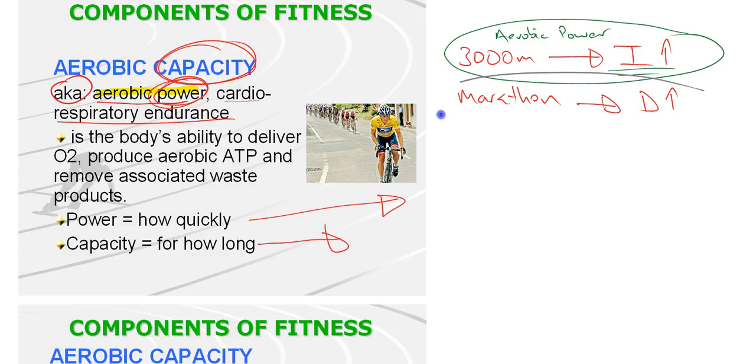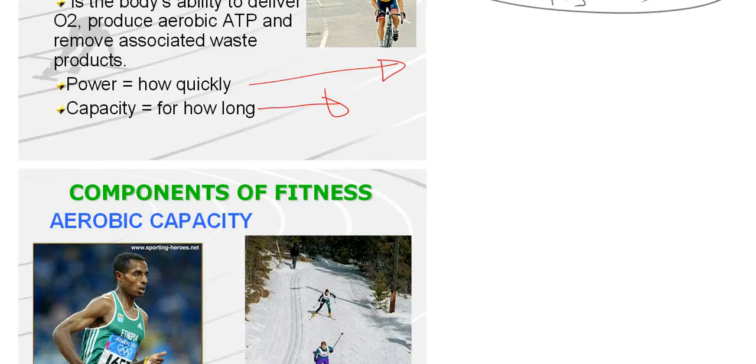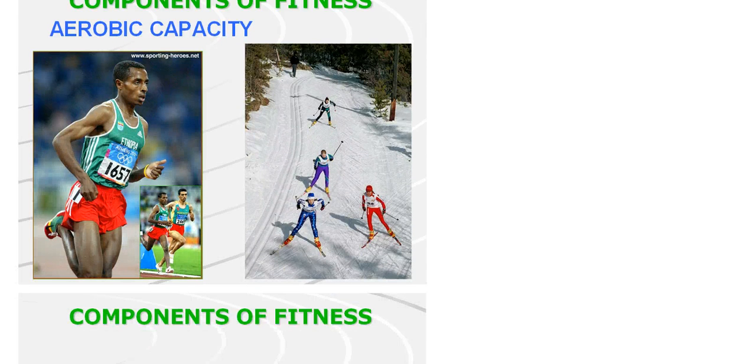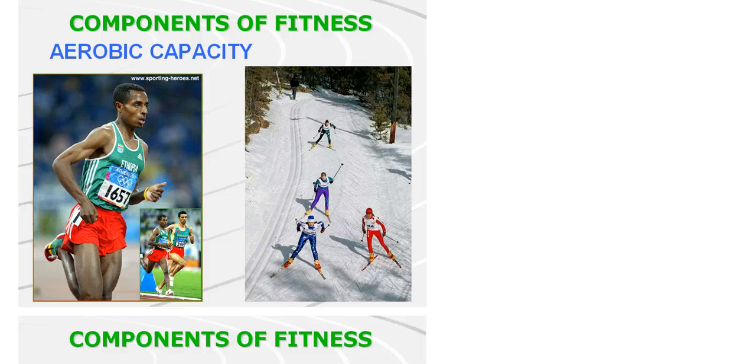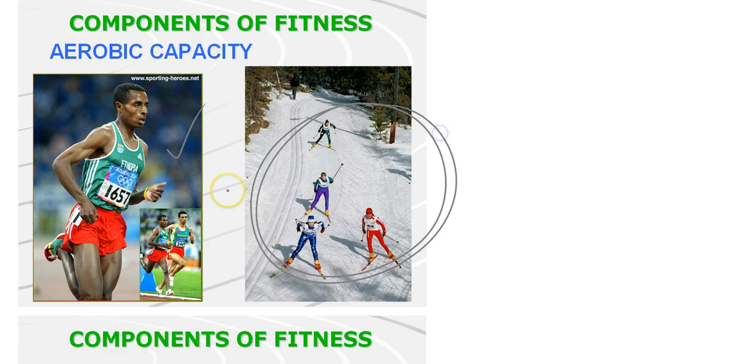The marathon runner works for a greater duration. Therefore, aerobic capacity is more important to them than what it would be to a 3,000 meter runner. So examples of aerobic capacity: our distance runners and our cross-country skiers.